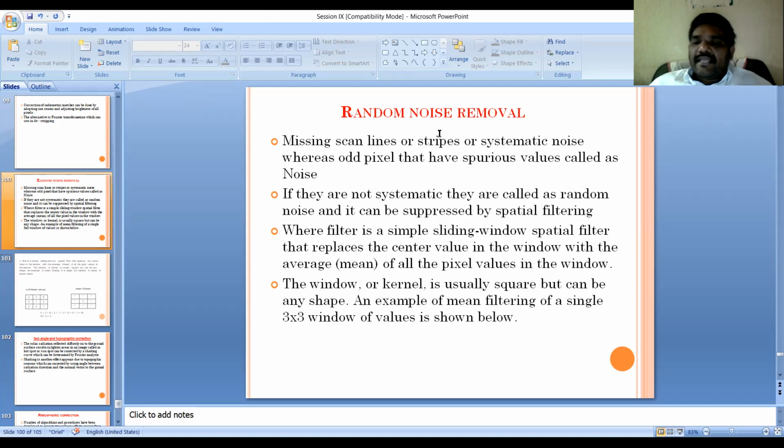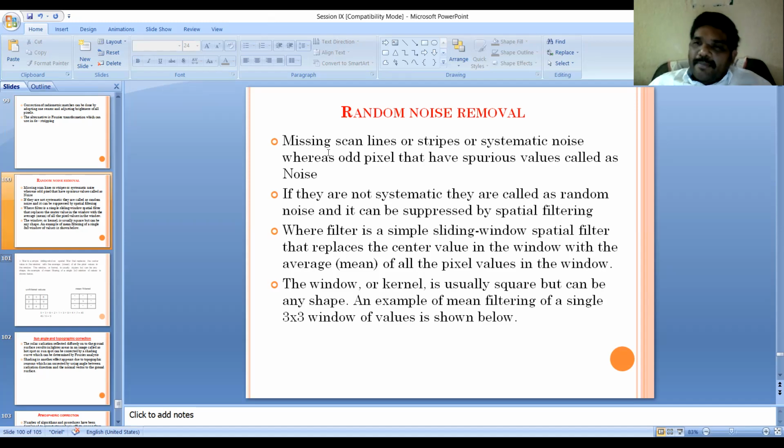In a general perspective, noise is a sound without any value, or you can define noise as an unwanted sound at an unwanted place at unwanted timings.